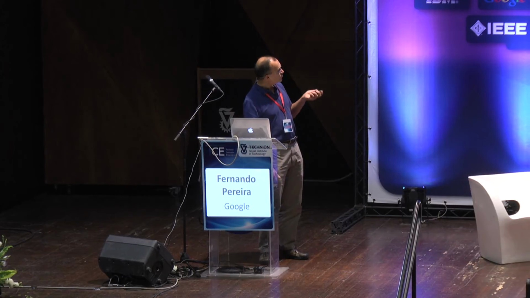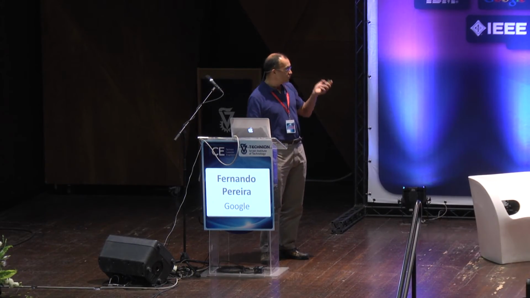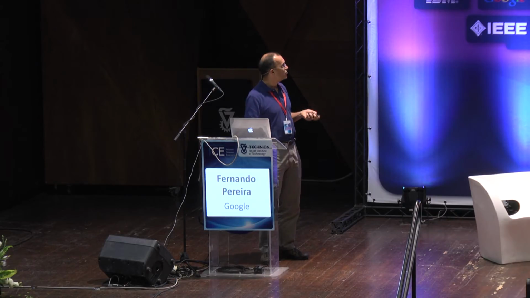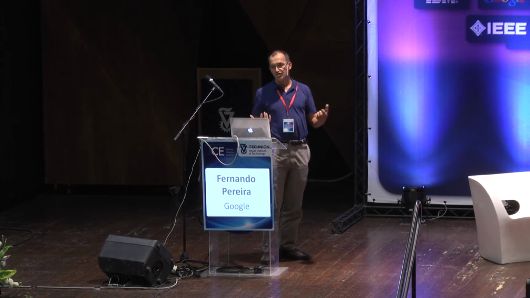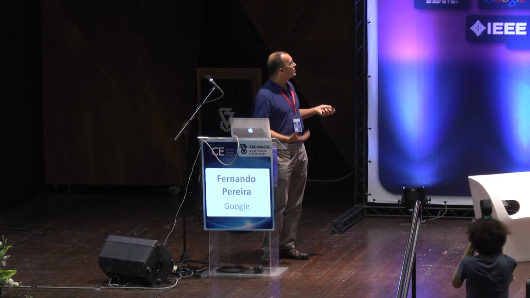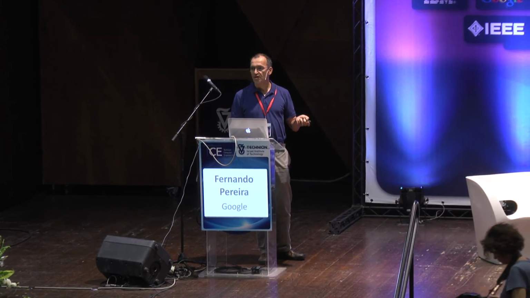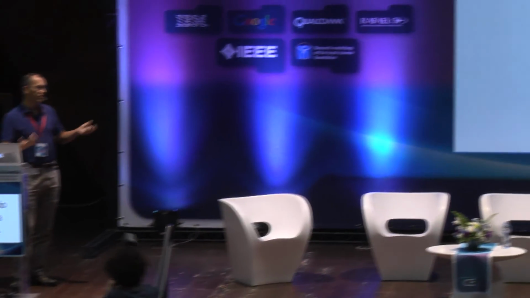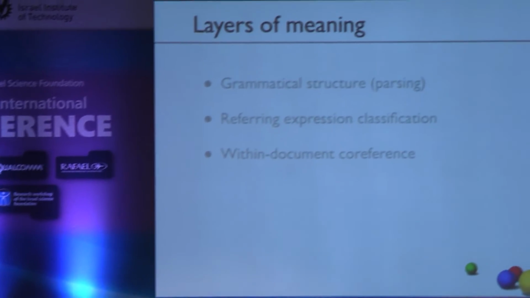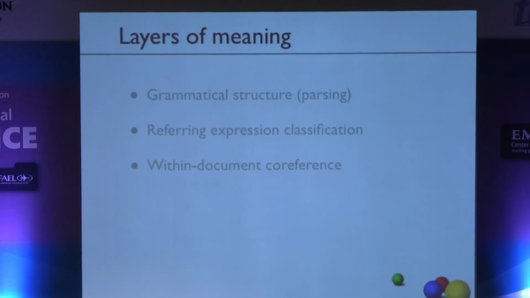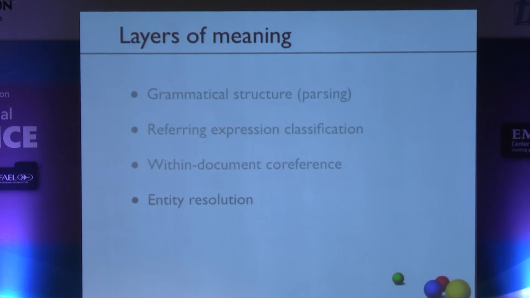Now, there's a bunch of levels that I will not talk about, except one example coming up, which is stuff in gray, like finding the grammatical structure of the web pages we have, finding what these various expressions say, what types of things we're talking about, whether people, organizations, locations, finding what pronouns, for instance, refer to, which we also do a lot of work on, deciding what particular entity names and other referring expressions in text refer to in the knowledge graph.